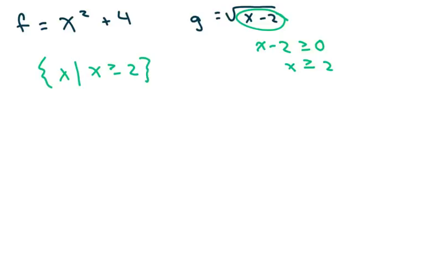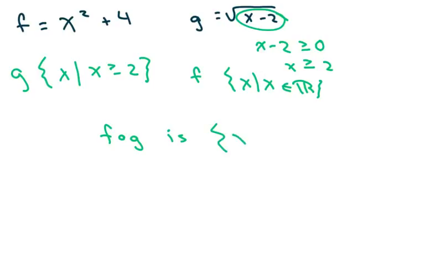This is just like the other one. And f is all real numbers. So the composite function, f composed with g, is going to be all real numbers, but x must be greater than or equal to 2.